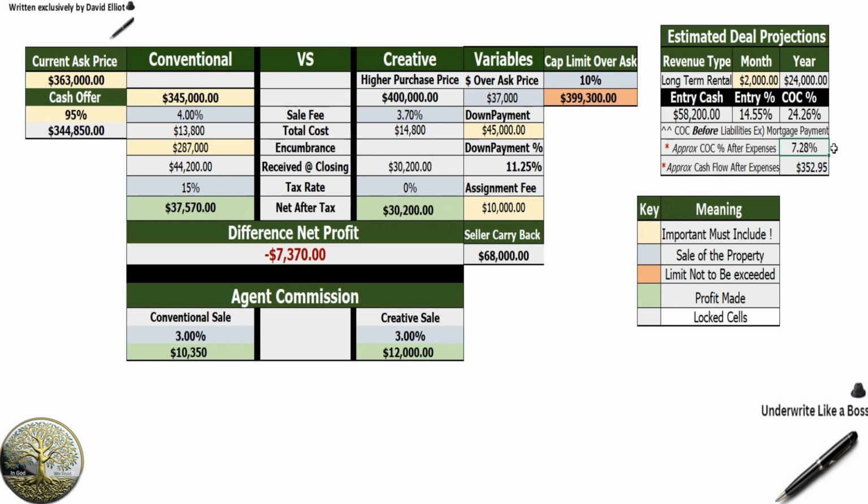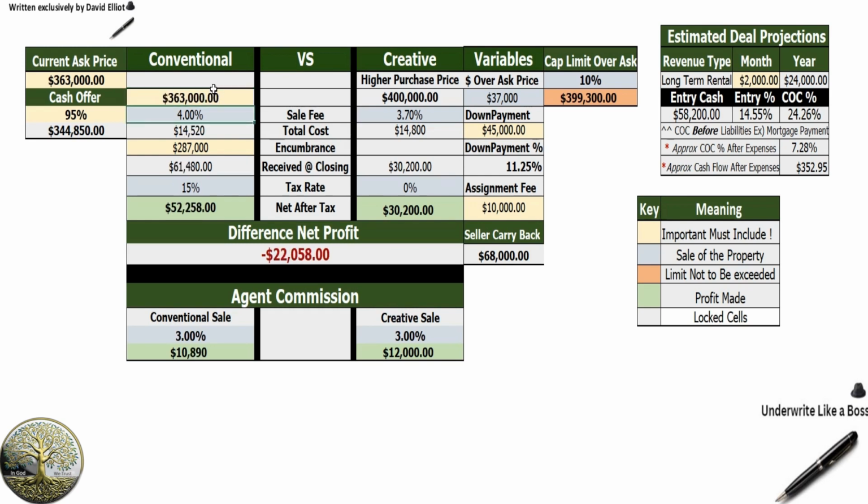Now, that's going to fluctuate depending on the interest rate that is associated with the property when you take it over subject to. But we can see here that even after the expenses, we're still going to be net approximately 350. So do we have a deal here on creative? I'm going to have to say no.